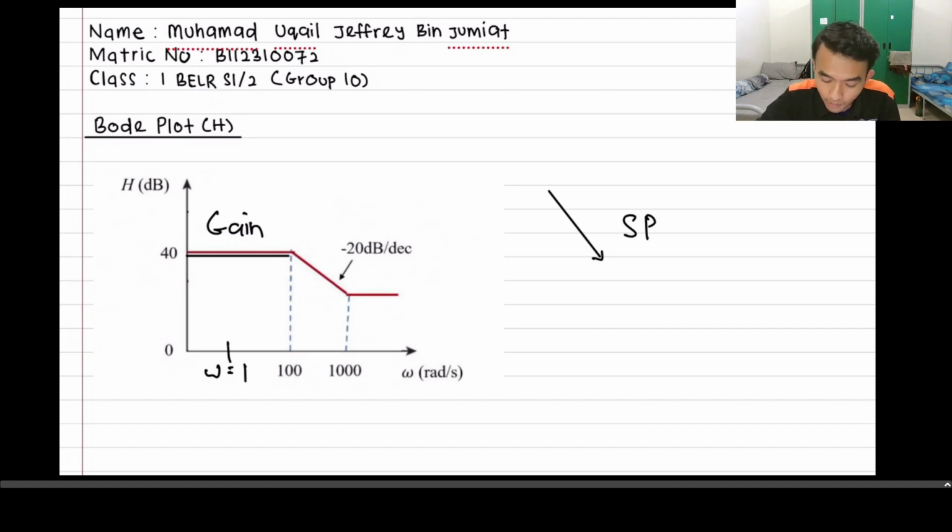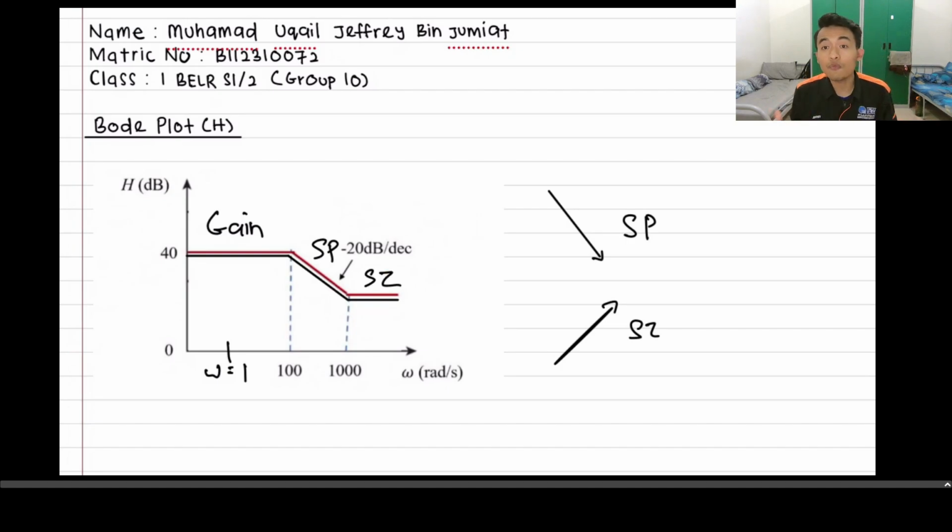But if the Bode plot starts going up or increasing, it becomes a simple zero. Like the second one here, the Bode plot starts going down. Therefore, this area is a simple pole. And the third one is where the graph starts going up, so this is a simple zero.